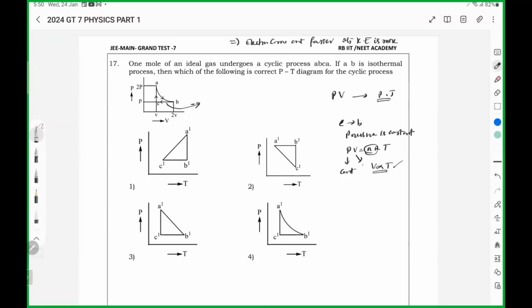As temperature increases, volume increases, keeping pressure constant here in C dash to B dash.